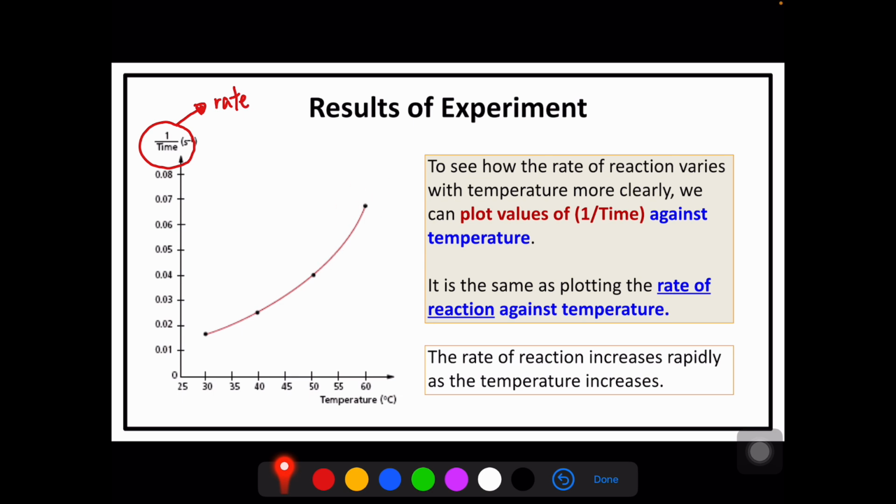So this allows us to come up with the same conclusion as we've seen previously. It's just a different way to plot a graph, to help you understand how to convert from the time recorded to derive the rate of the reaction. And that's done by using 1 over t, 1 over time.